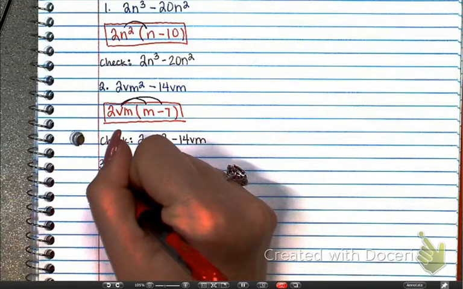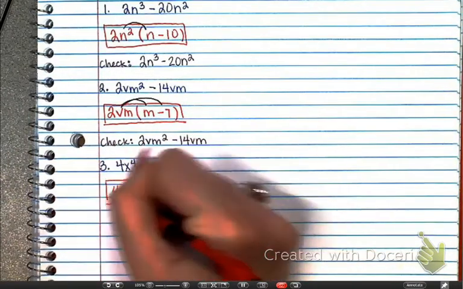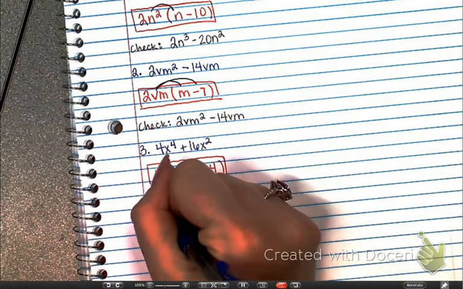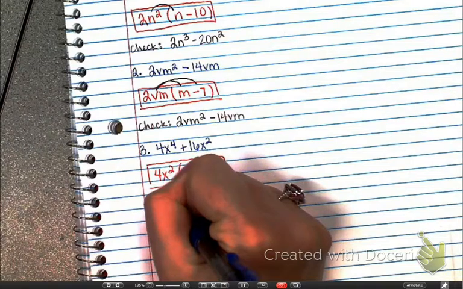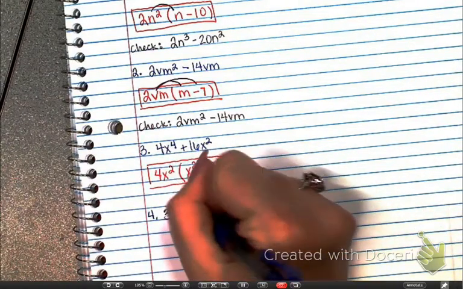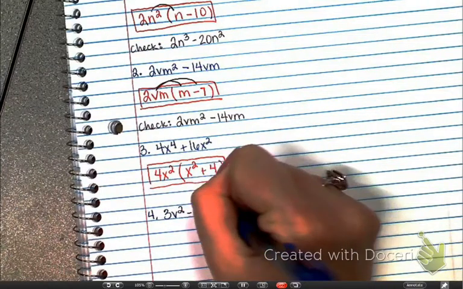So, do you think things are going to change if I give you, how about 3v squared minus 27v minus 30?